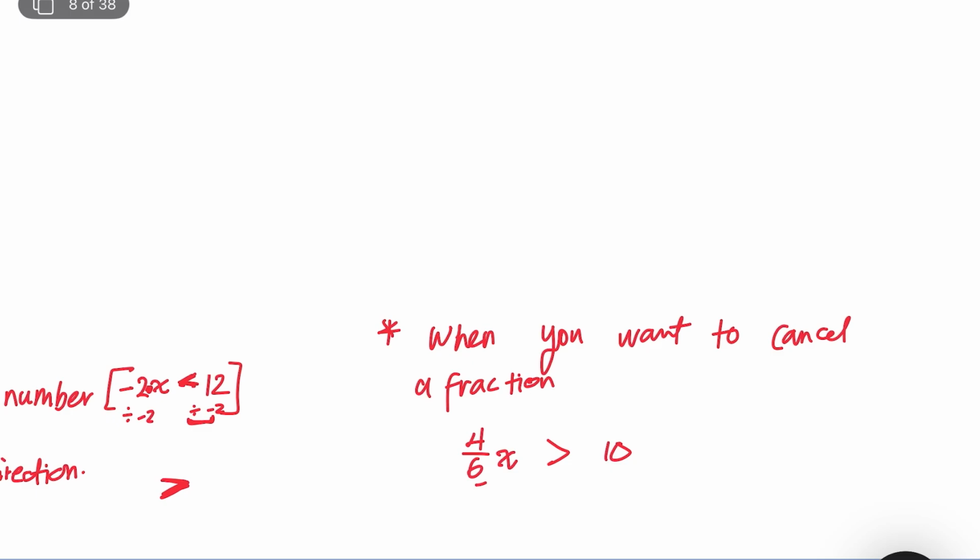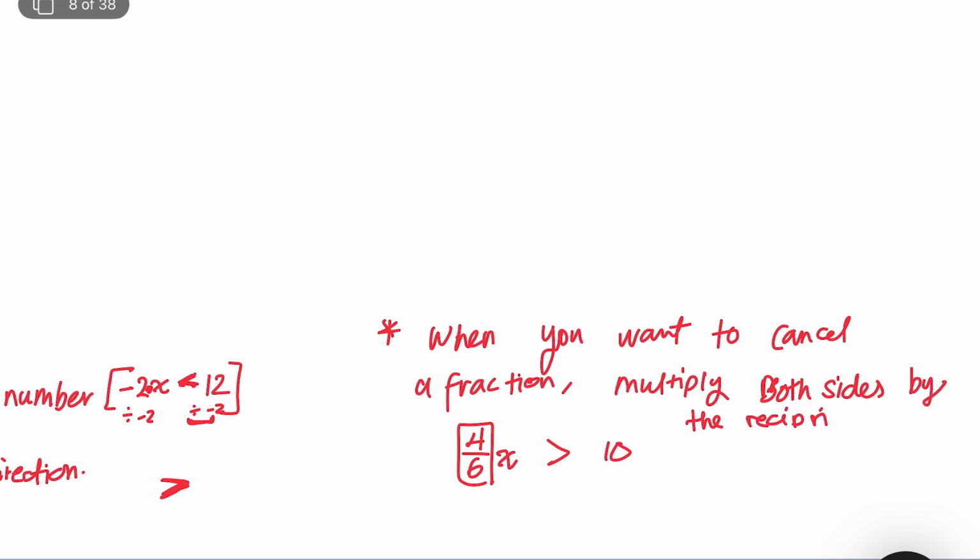To cancel this fraction, multiply both sides by the reciprocal. What does that mean? Reciprocal is basically the opposite of this fraction, which is 6 over 4. So you have to multiply by 6 over 4 on both sides. This will help you in cancelling any fraction, and it always works.